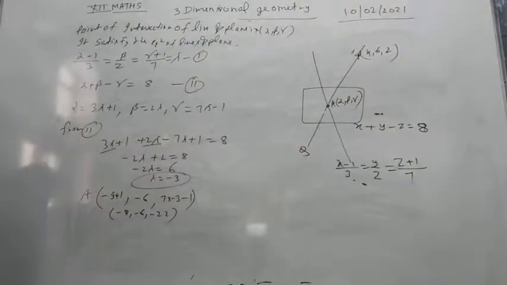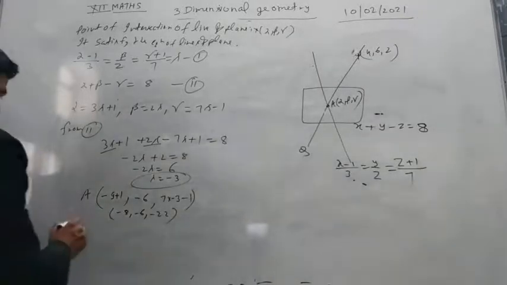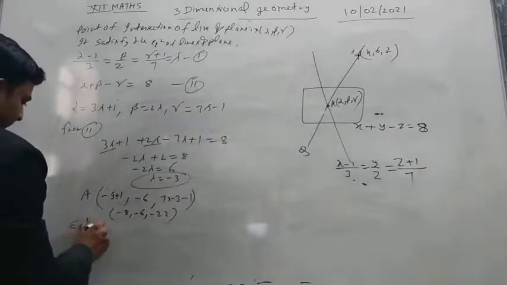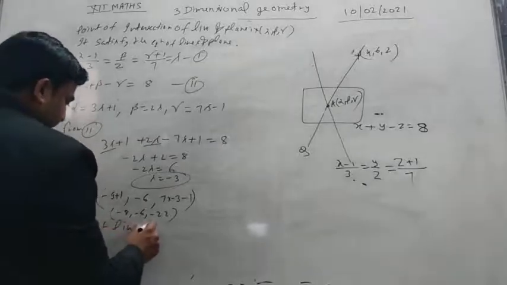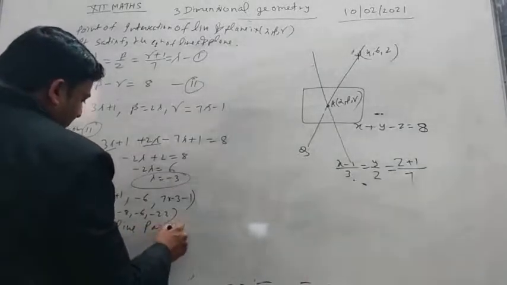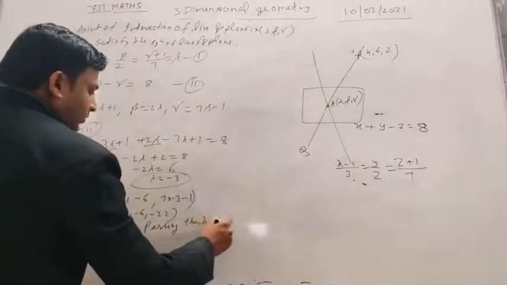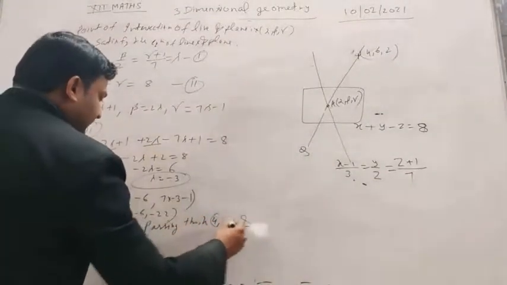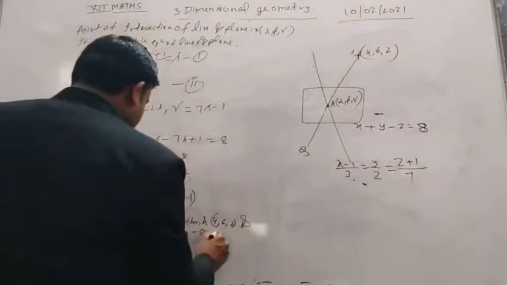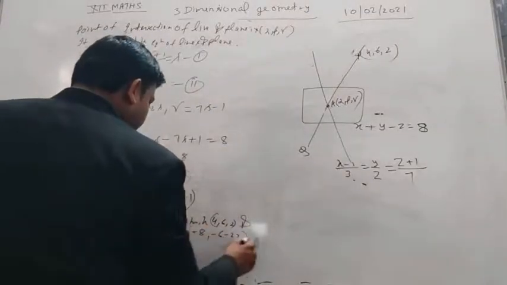So this is the point, and now we find the equation of the line passing through 4, 6, 2 and minus 8, minus 6, minus 22.